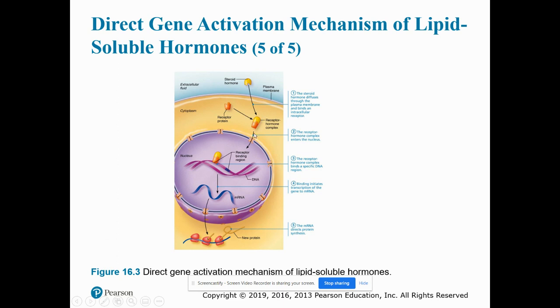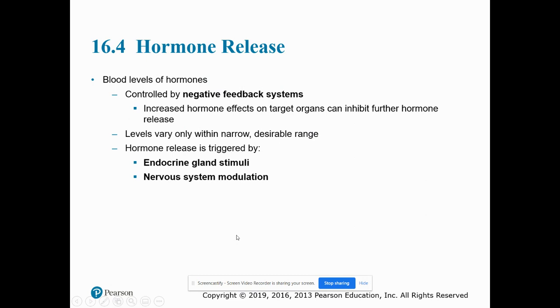This will cross into the nucleus and bind to a specific region of the DNA. It will initiate transcription. We will end up with this little segment of mRNA, and then this segment of mRNA will leave, go to the cytosol, and then be translated into a new protein.